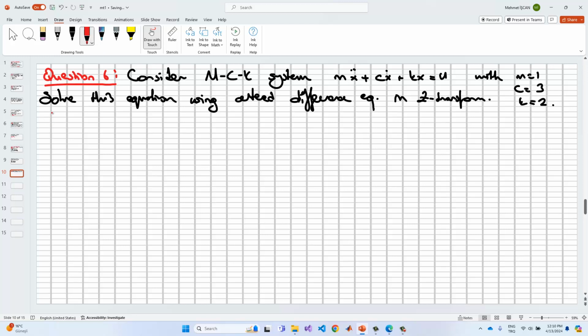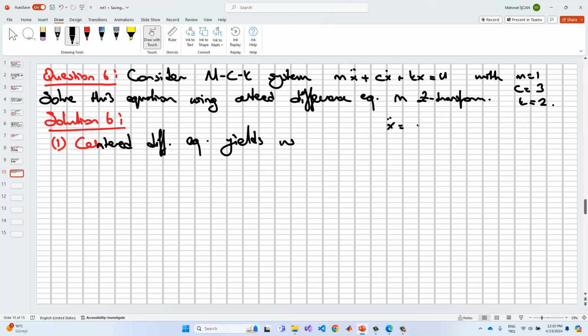This is a much more complex solution because we have the second order system in here. Firstly, we need to talk about the centered difference equation. Firstly, x dot dot can be expanded in terms of x[k plus 1] minus 2 times x[k] plus x[k minus 1] divided by dt square sampling period.